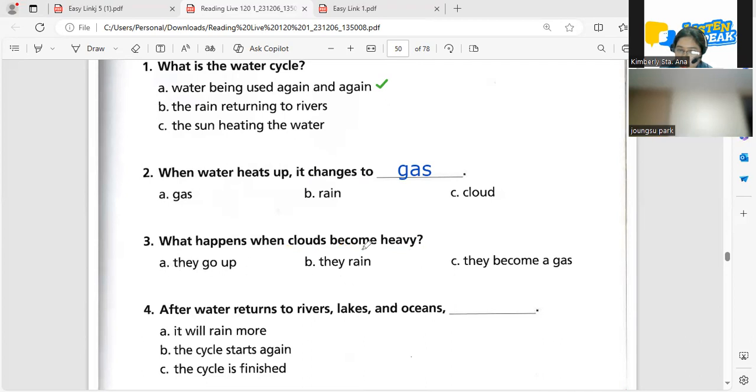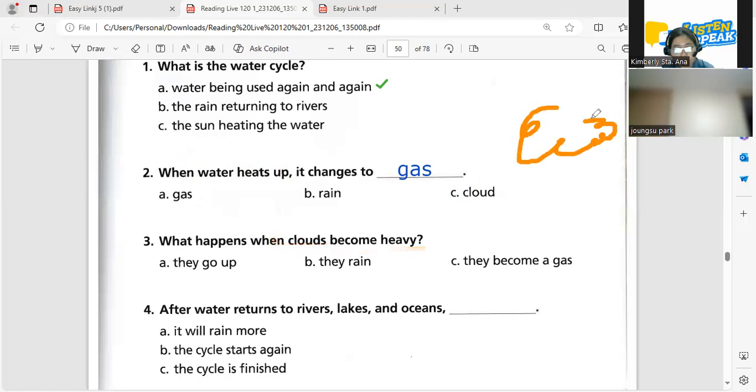What's the answer? They become a gas? No, they become a gas when the water heats up. But what happens when clouds become heavy?